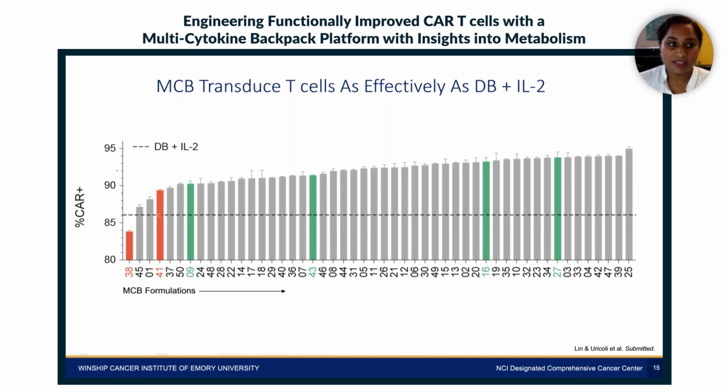You can see this is a very shortened axis, so we were able to essentially achieve similar transduction efficiencies as Dynabeads plus IL-2 with our MCBs. It's important to note that during this entire process, we are not adding exogenous cytokines of any sort, so all of the cytokine support that these cells are receiving is from the MCBs directly.